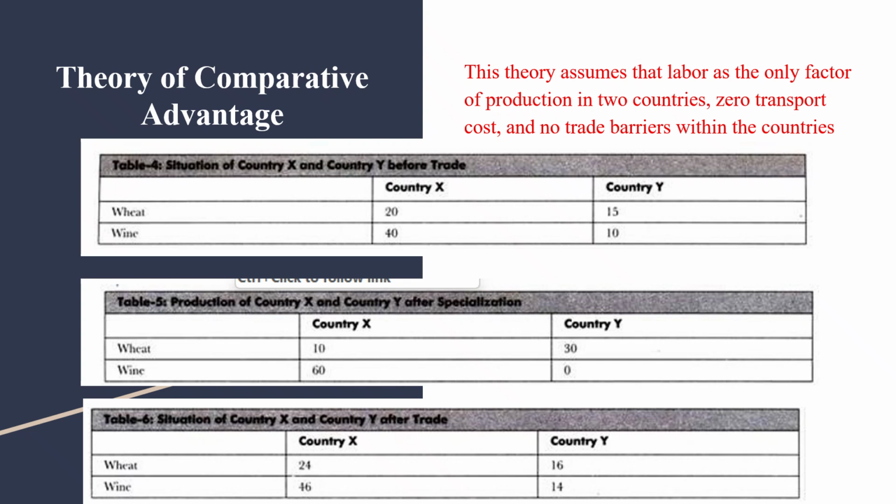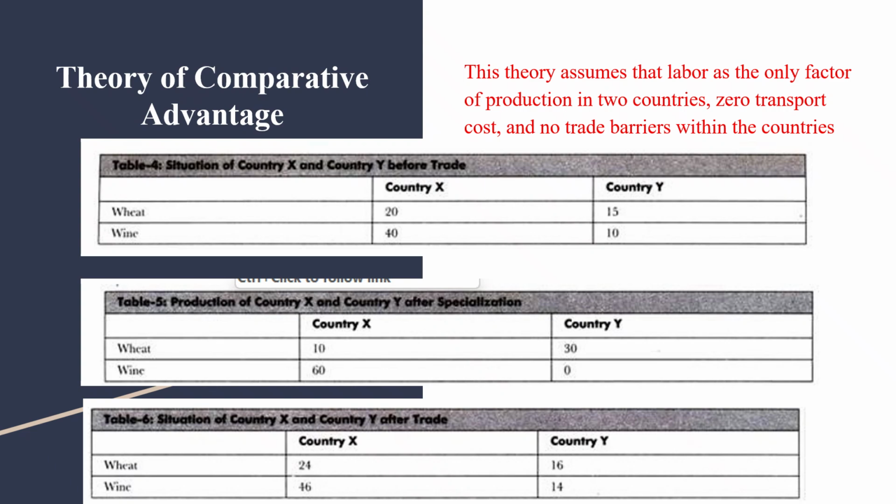So the country X has produced 60 units of wine. From that, 14 units will be shared to country Y, and the country Y has produced 30 units of wheat. From that, 14 units will be shared to the country X.